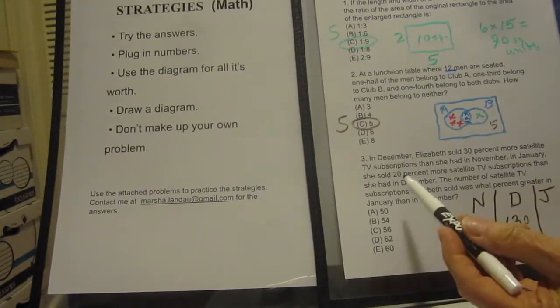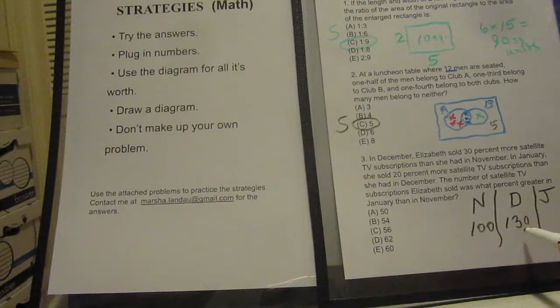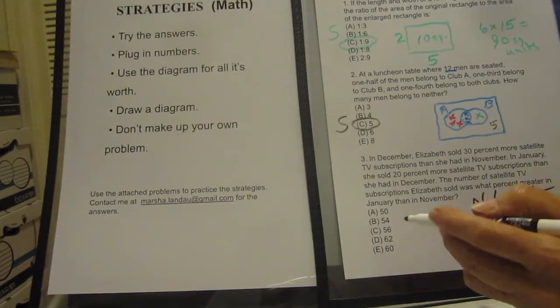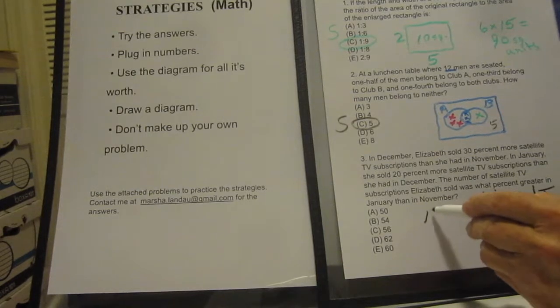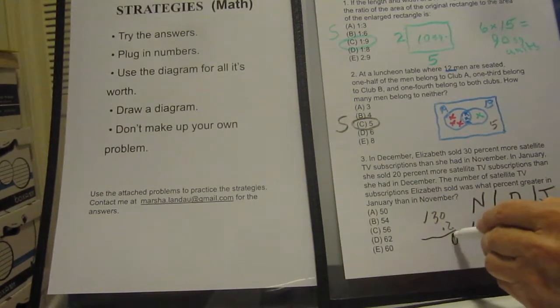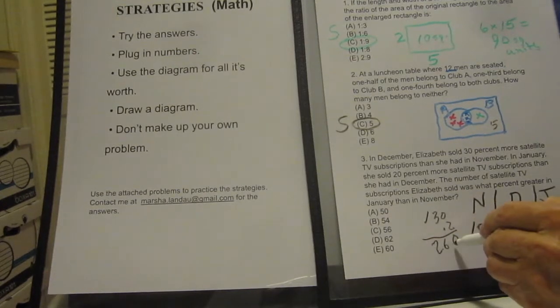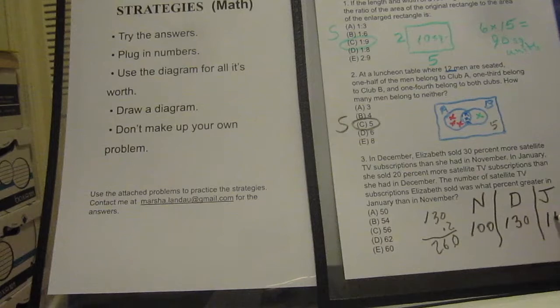And then she sold 20% more in January than in December. This is the only computation I really have to do. 20% is 2/10. So 130 times 2/10 is 26. So 26 more would make it 156.